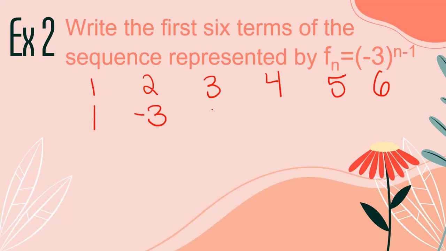Negative 3 squared is 9. Negative 3 cubed is negative 27. Negative 3 to the fourth is 81. And then negative 243 would be the first 6 terms of that sequence.